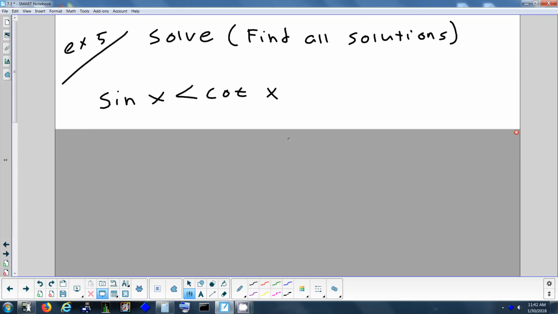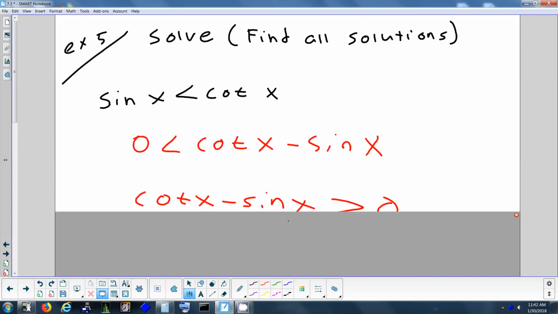Hannah, what's the period of sine? 2 pi. And the period of cotangent? Pi. And what's the least common multiple of that? 2 pi.